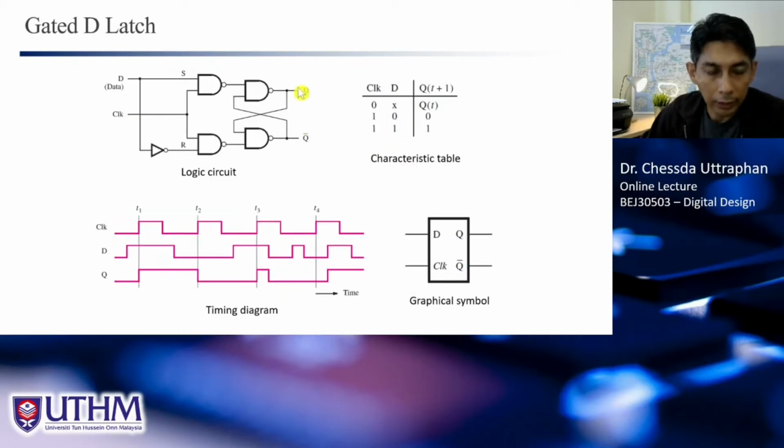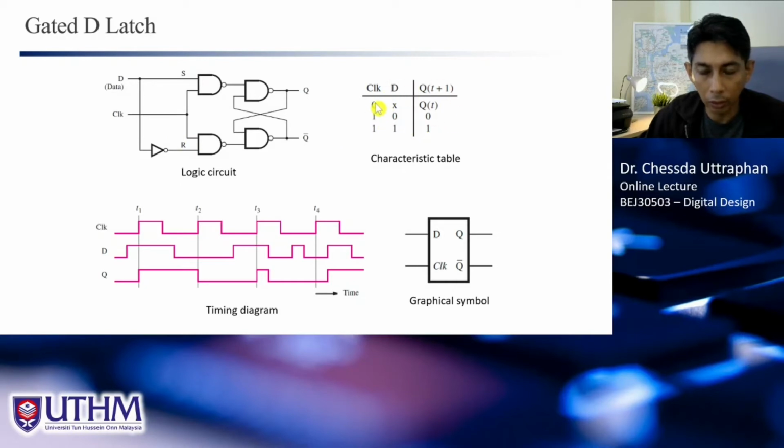Now come to the next latch, which is a very important and very useful one in digital design, in digital circuits, which is used very often in designing digital systems: the D latch. And this is the gated D latch where we have the clock. So the behavior is like this.